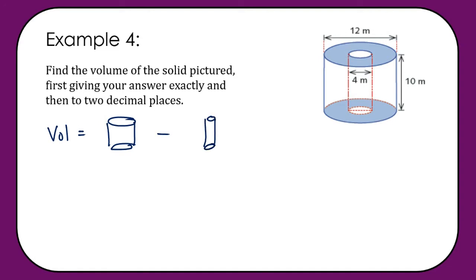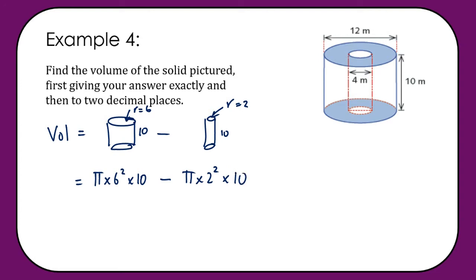So the big cylinder has a radius of 6 and a height of 10, and the smaller cylinder has a radius of 2 and a height of 10. So the volume of the larger cylinder, remember, is area of the base, pi r squared, multiplied by the height. So pi times 6 squared times 10, take away pi times 2 squared times 10.